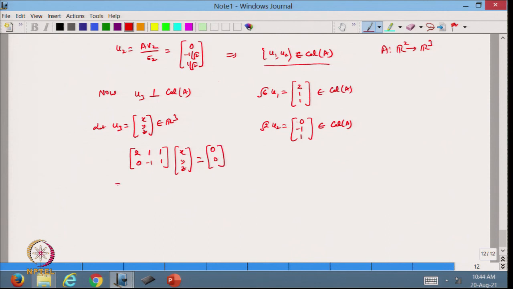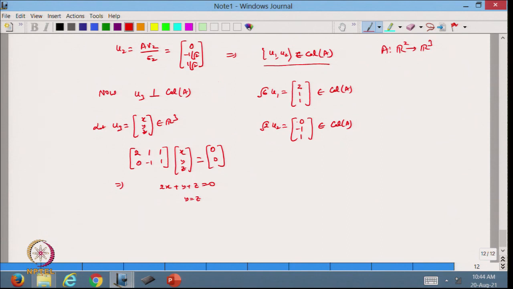You can see the rank is basically 2. So we have 2x + y + z = 0 and -y + z = 0.